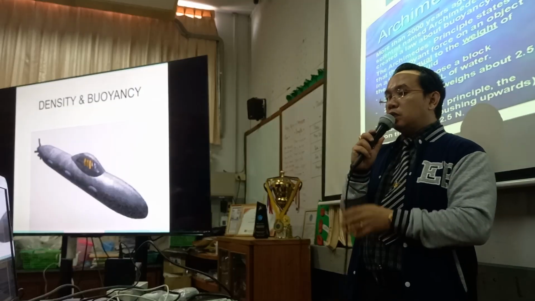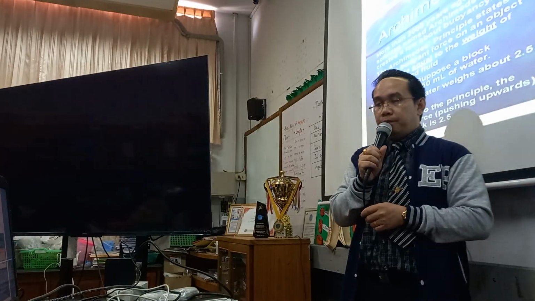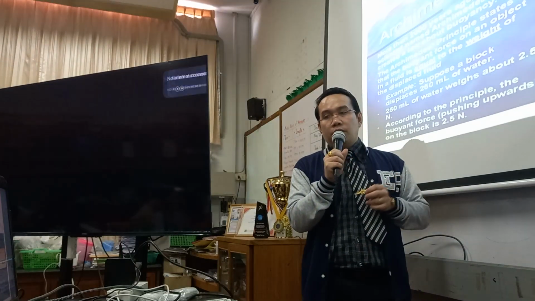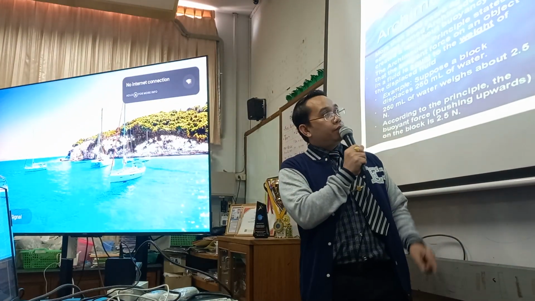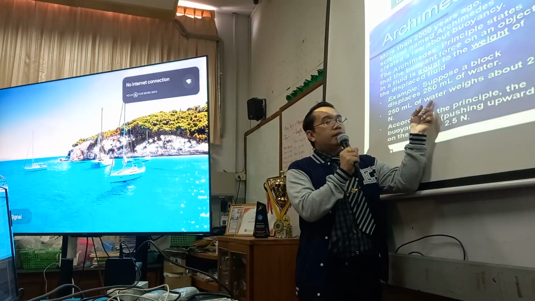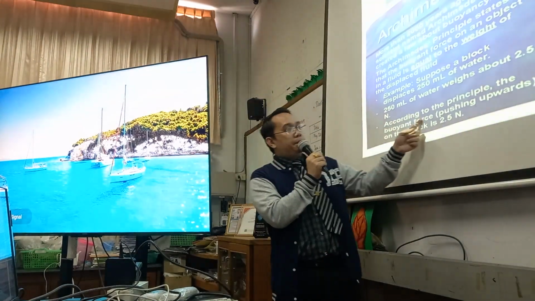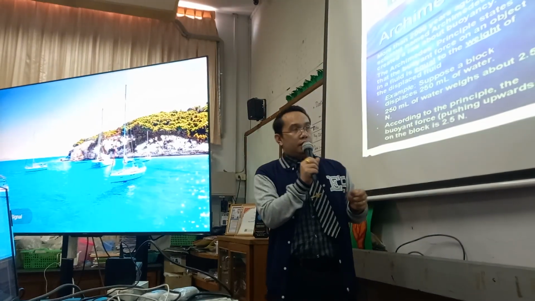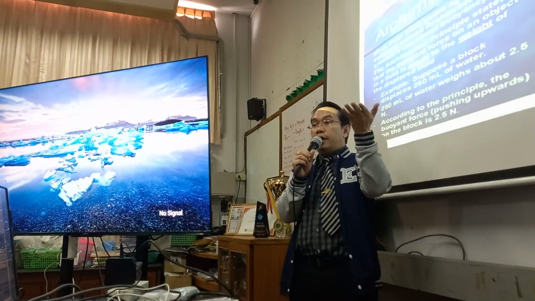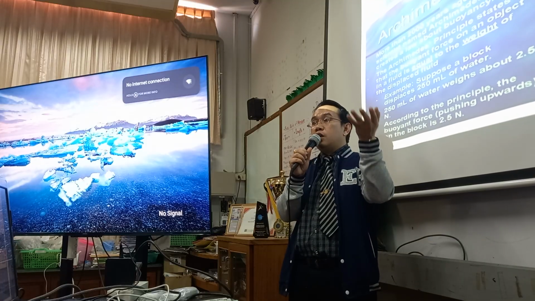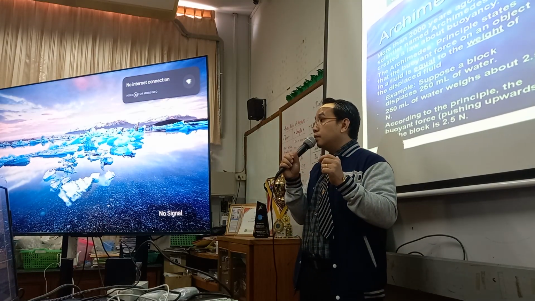Suppose a block displaces 250 ml of water, with 250 ml of water weighing about 2.5 Newton. So, what can we say about this? According to the principles of Archimedes, the buoyant force keeps pushing upward to let the object float. Do you guys understand?